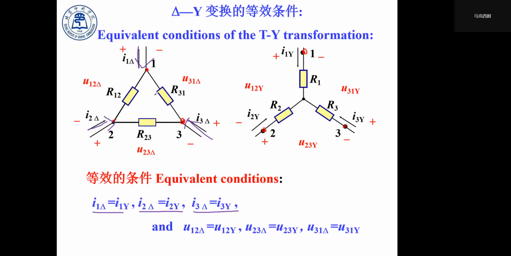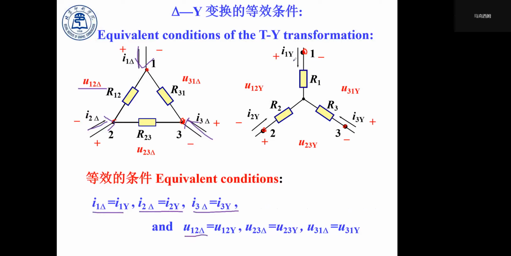That is an equivalent condition. The other condition is that the voltage between each pair of those 3 terminals must be equal. So the voltage between point 1 and point 2 in the delta shape, we call it U12 delta.